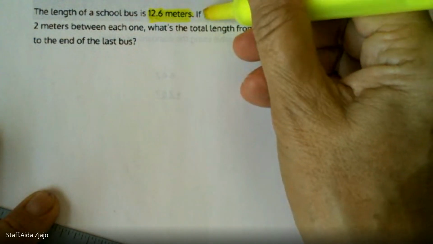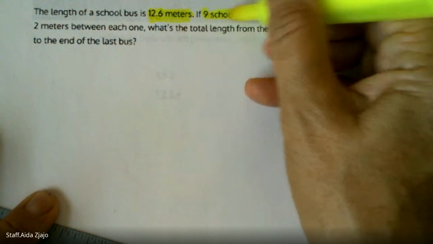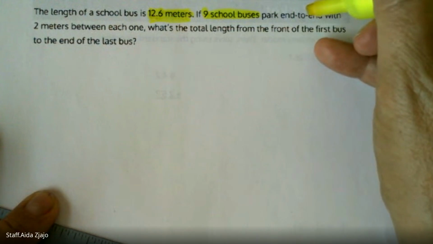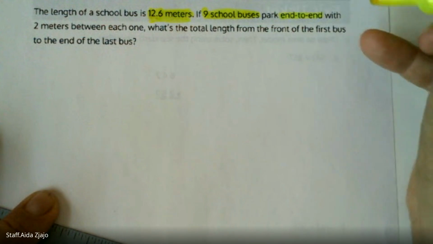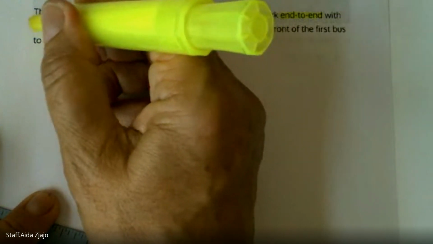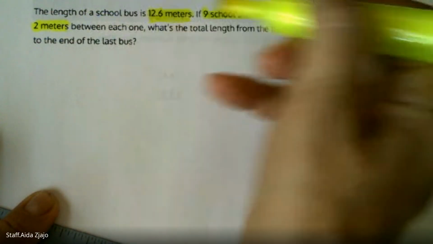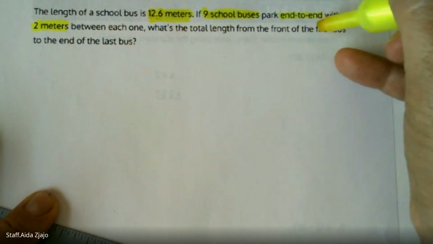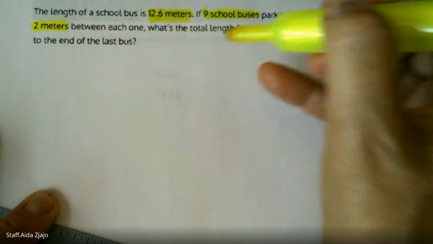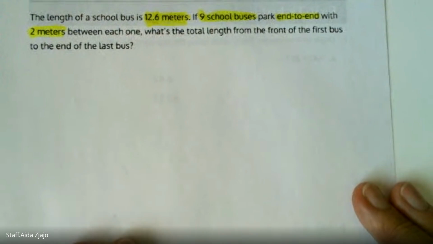If 9 school buses park end to end, with 2 meters between each one, what's the total length from the front of the first bus to the end of the last bus? That would be the question.